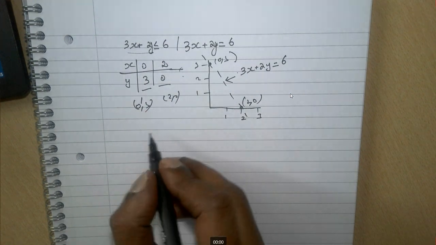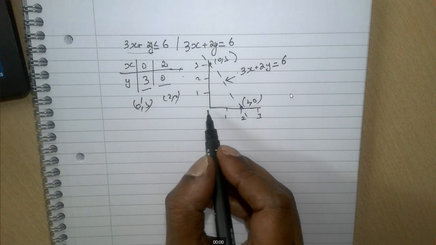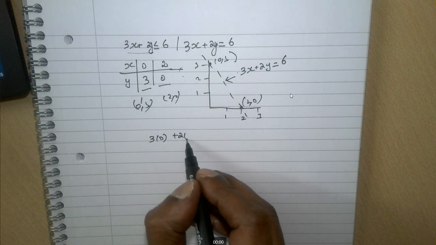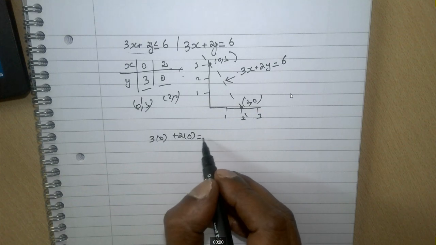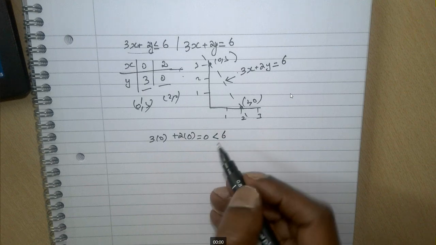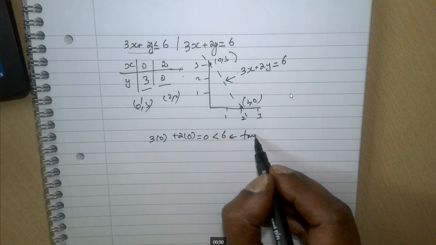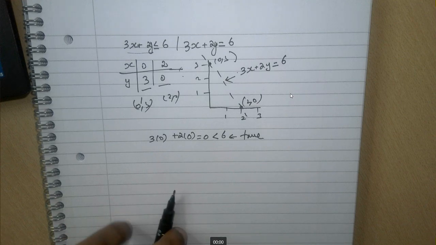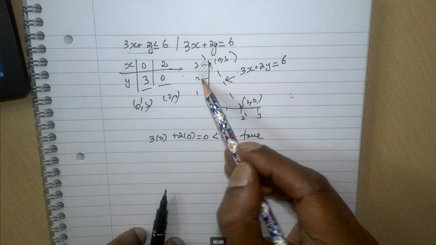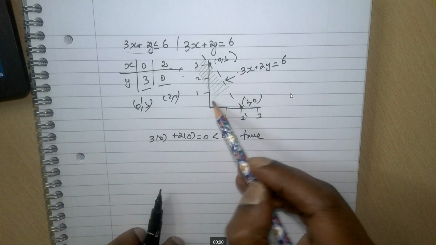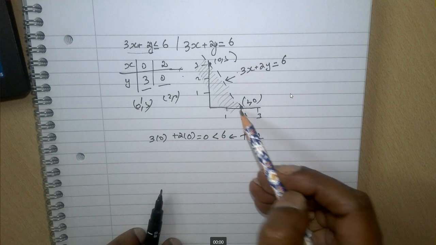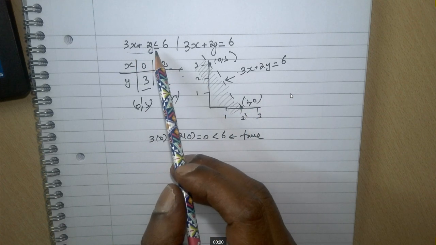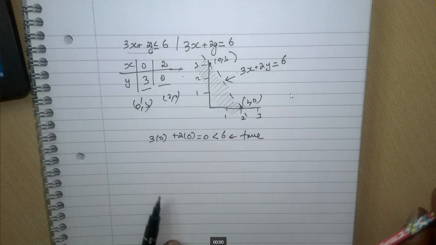So how do you find that? Let's take a reference point 0, comma 0. So 3 into 0 plus 2 into 0 equals 0, which is less than 6, which means this is true. So what does that mean? Every value that lies below this line, any point below this line, if you substitute it in that equation, should give a result less than 6.